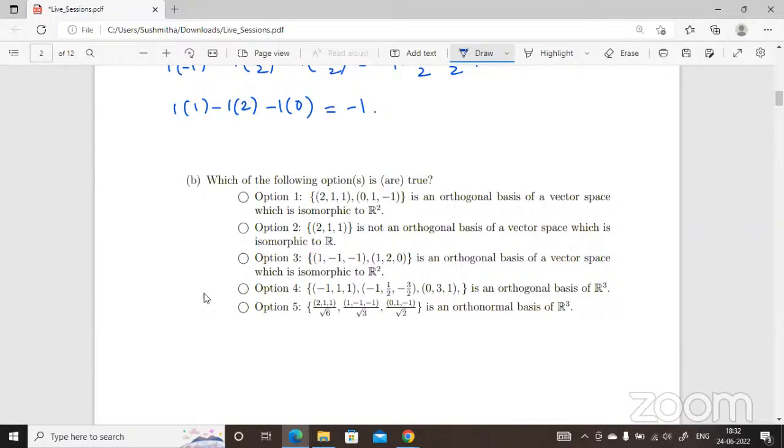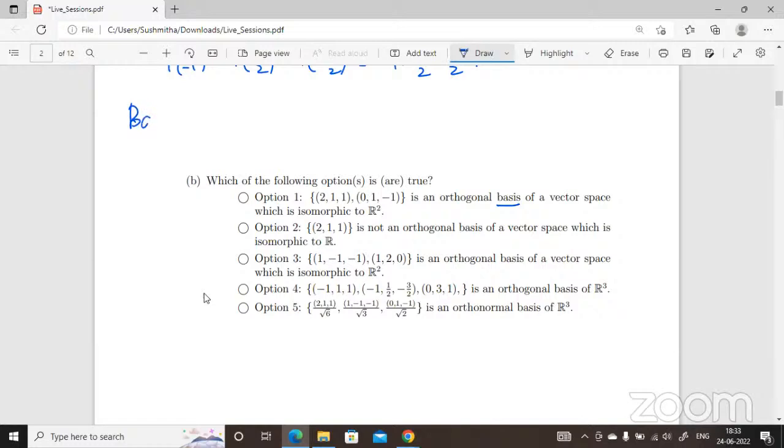First, tell me what is an orthogonal basis. Before that, what is a basis? It is the minimal number of vectors which is required to define a vector space.